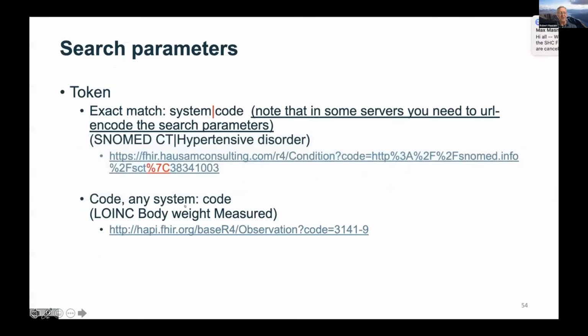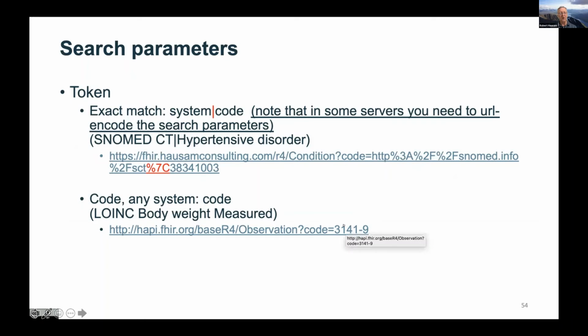That's a simple search, but it can be fairly powerful. If you know exactly what you're looking for, that's how you can get it. There are also other kinds of things that we can do. I don't necessarily recommend this so much, but you can search only on the code.